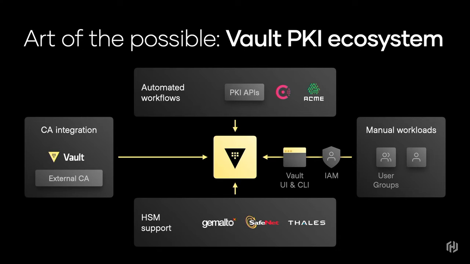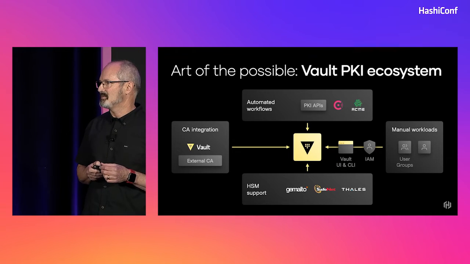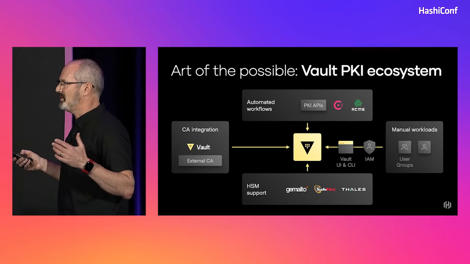Vault integrates and sits in the middle of that as the hub extremely well because we have the identity access management on the front end. It also integrates, like I said, with external CAs, internal CAs, however you need to configure that from a hierarchy standpoint. And then I wanted to talk a little bit about the automation piece because we looked at that diagram of what Vault looks like managing PKI.